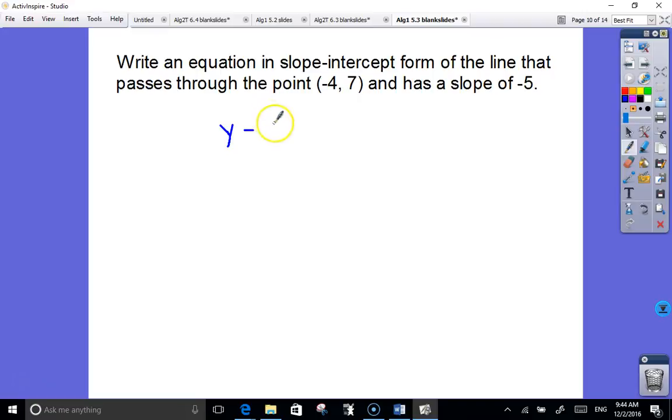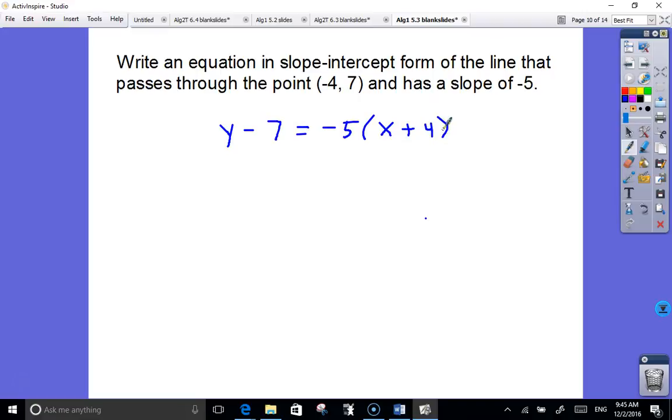Y minus 7 equals, what's the slope? -5, then what? X minus -4, which is like x plus 4. Okay, but it didn't say put it in point slope form. It said put it in slope intercept form.